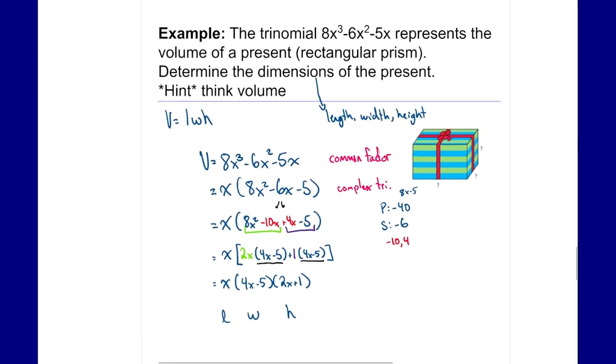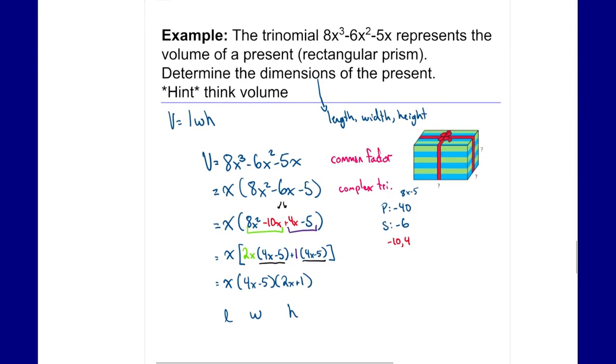So again, this is another application of why we might want to factor. If we have an expression for the volume, or for something else, and we want to break it down into dimensions or products, we have to factor, because we have to revert it from an expression back into the factors itself.